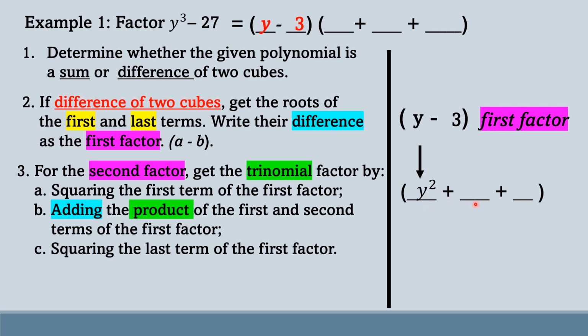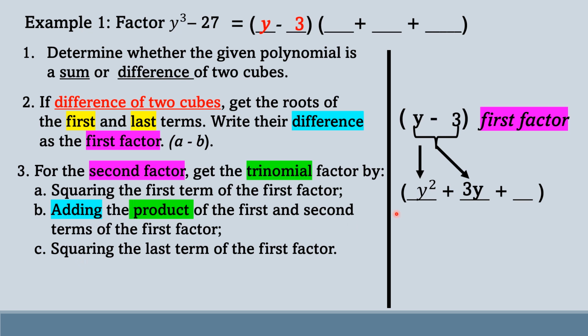In order to get the second term, we are going to add the product of the first and the second term of the first factor. So meaning to say, we are going to multiply y times 3, and that will give us 3y.